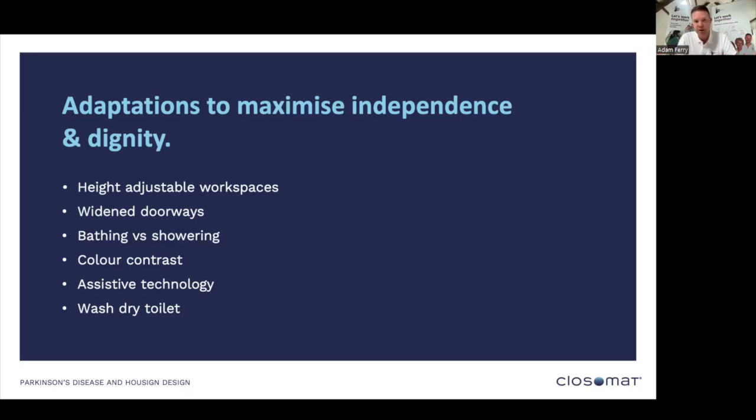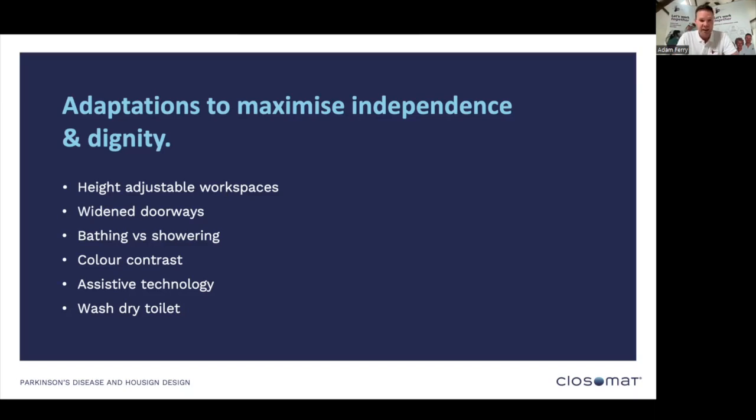Will the person still be able to do that? And if they can't, what are you going to put in those positions so that you're not, in that short-term period, increasing the risk? But in general terms, in housing design, I think often internal doorways are too narrow anyway. So widening them to support access with walking aids and wheelchairs in the future is an option.